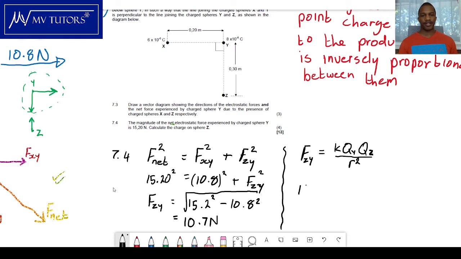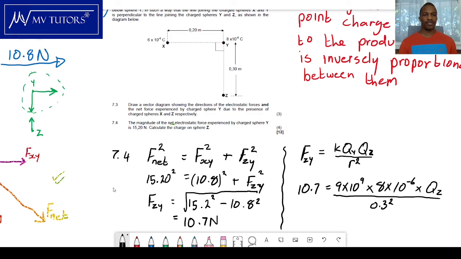So what do we have? 10.7 is equal to the constant, 9 times 10 to the power 9, times charge Y, which is 8 times 10 to the power minus 6, times qZ, which is the charge that we're looking for, and the distance between Y and Z we've been given there, 0.3, squared.